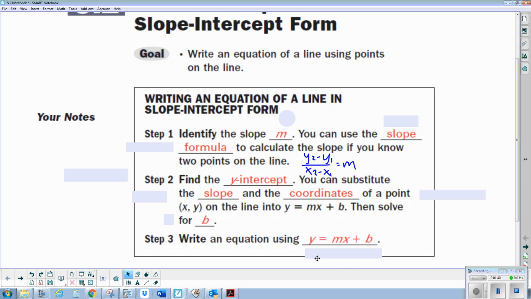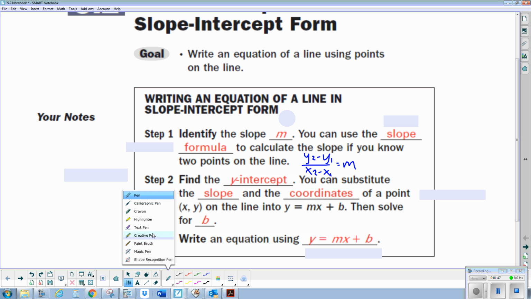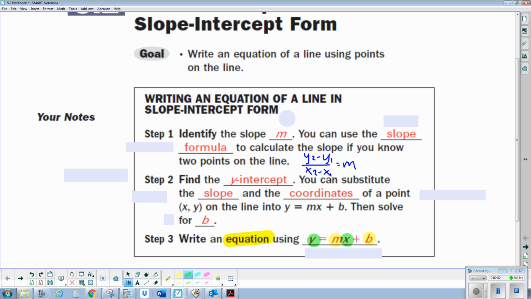The third step is to write our equation. Once we know our slope, or m, and our y-intercept, we can write it into the form y equals mx plus b. Y and x will be in our equation as y and x, and then m and b will be numerical values.